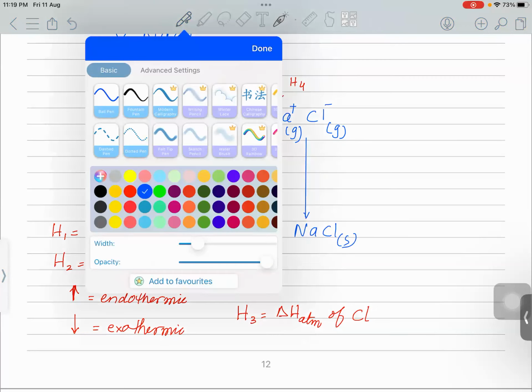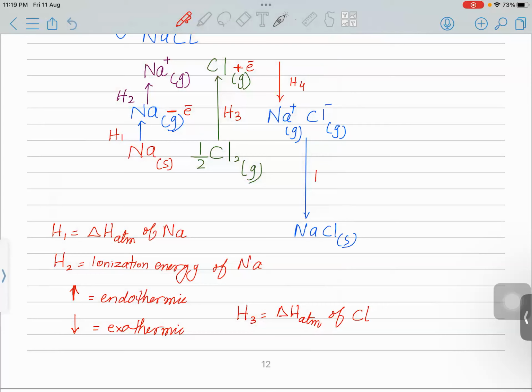And this energy, yes. Can you tell me the name of the energy, H5? So lattice energy. Lattice energy of NaCl. Correct. And after the completion of the lattice energy, just combine these two elements.